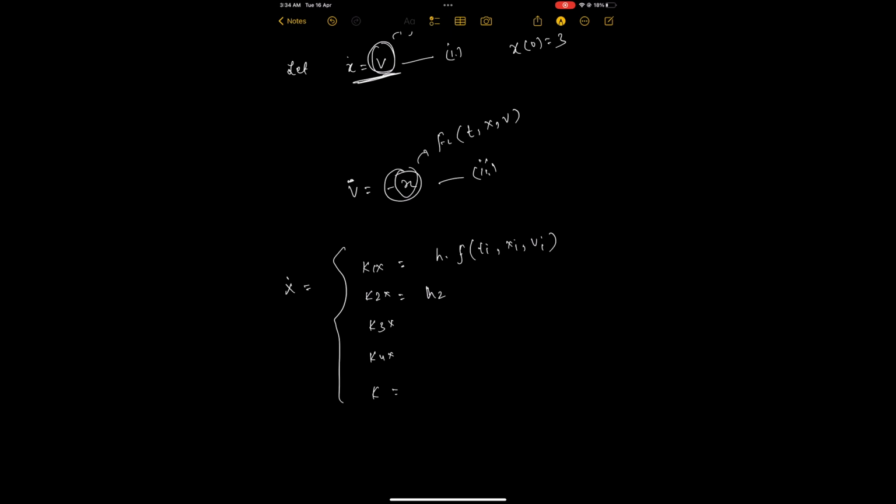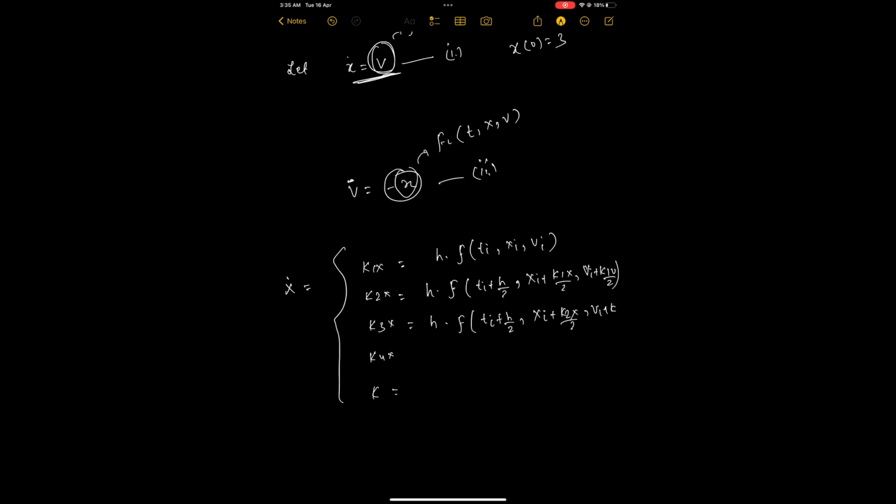Similarly k2x equals h into f of ti plus h over 2, xi plus k1x over 2, comma vi plus k1v over 2. Similarly k3x equals h into f of ti plus h over 2, xi plus k2x over 2.